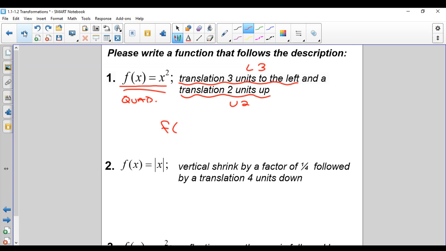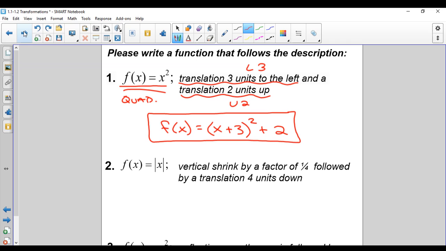I'm going to switch it up again. I'm going to go f of x equals. There's no a value out front, so I open up parentheses, put a square, x plus 3 to move left, plus 2 outside to move up. And that's what we have.